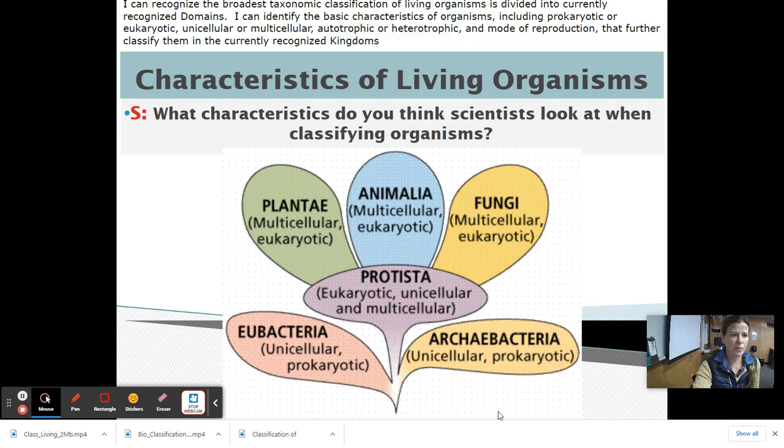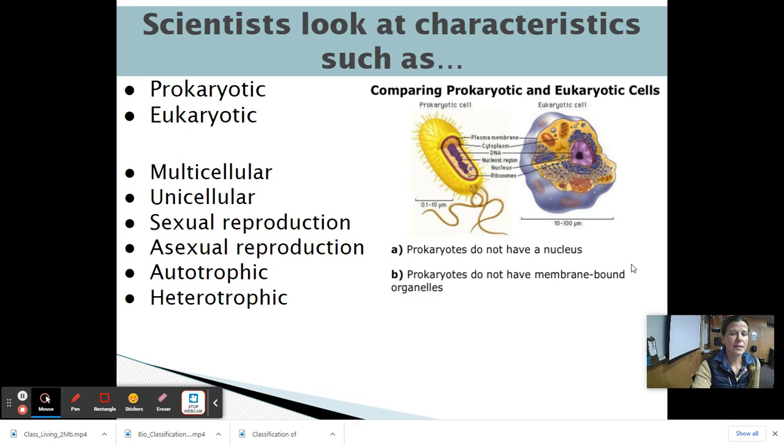Characteristics of living organisms. For our starter, what characteristics do you think scientists look at when classifying organisms? Scientists look for characteristics such as, is the cell prokaryotic, where it lacks a nucleus and the DNA is free floating?